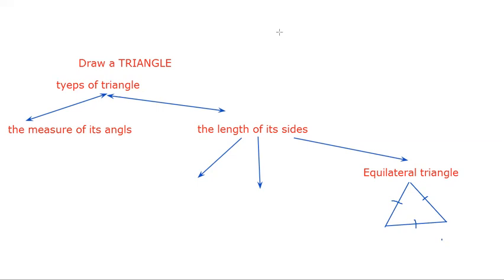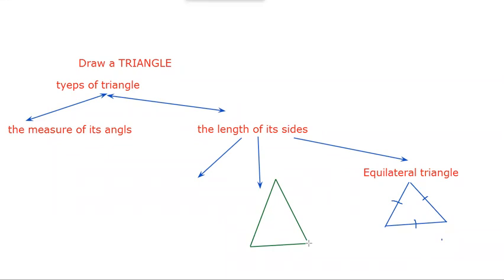The second one, who can tell me? Isosceles triangle, okay, Adam. And what do you know about the isosceles triangle? There are two sides the same size, but one is different.